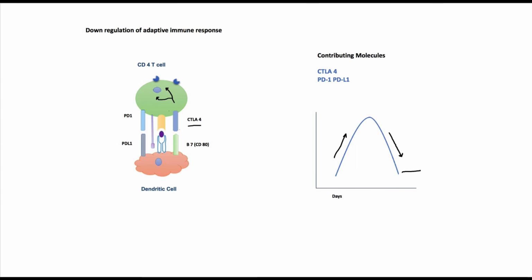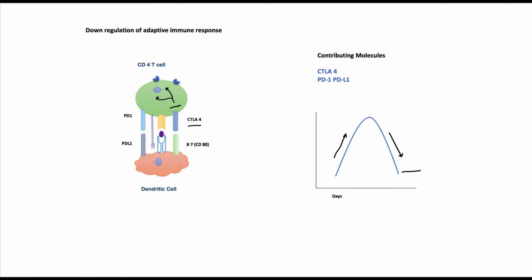When CTLA4 binds to B7, this results in inhibition of activating signals being sent to CD4 T cells. That results in a decrease in production of cytokines, including IL-2, and a decrease in proliferation of these cells.